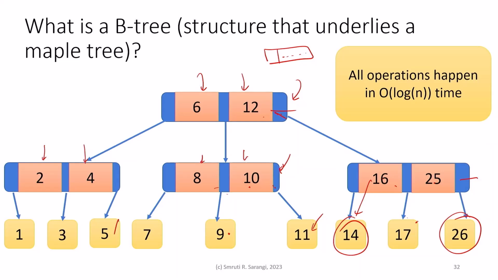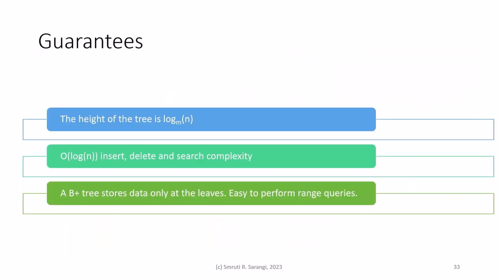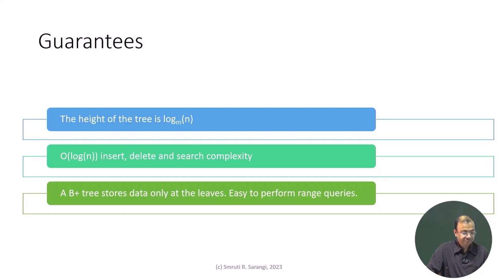But that is compensated for by the fact that you have to search within a level. So we're not getting a lot of advantage, but in terms of implementational simplicity and efficiency, that is where B trees have an advantage, which is why they are used in almost all storage systems such as databases. The guarantee is of course log n to the base m, and that is the height, and then you have insert, delete and search complexity of order log n.